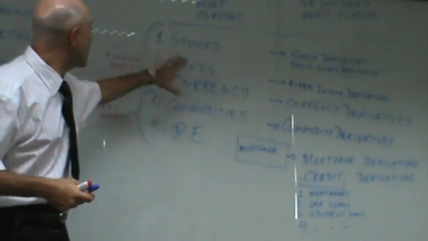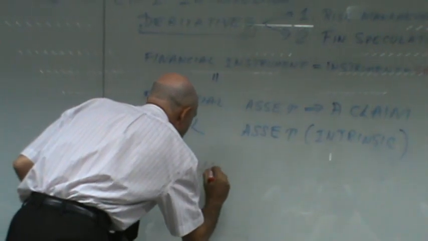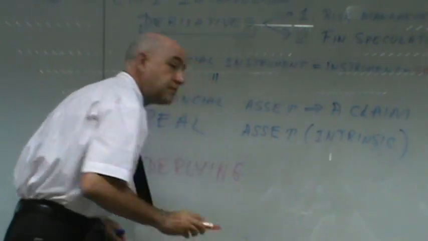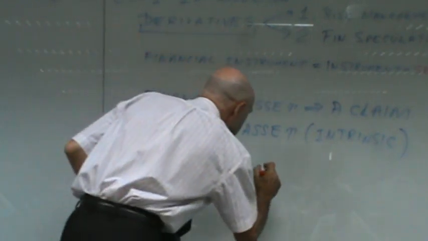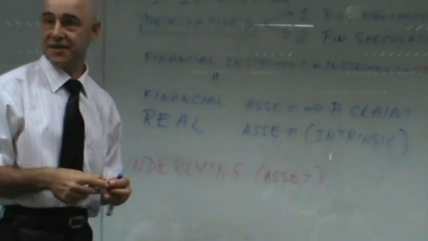Now, we get to the concept of underlying. Underlying in derivatives usually stands short for an underlying asset.